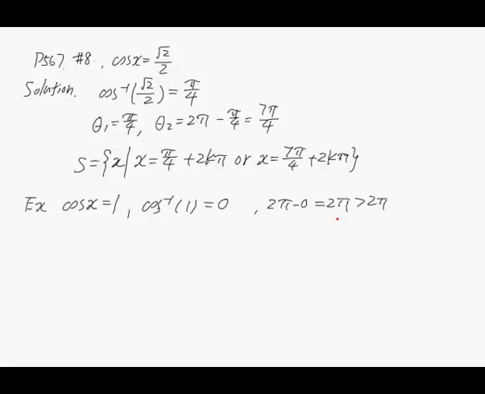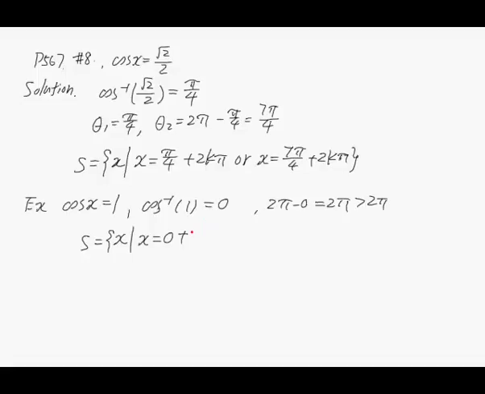So that means we have only one angle between 0 and 2 pi for which the cosine is equal to 1. Now, the solution set for this equation, the general solution S, is equal to the set of x, where x is equal to this specific solution 0 plus the multiple of 2 pi.